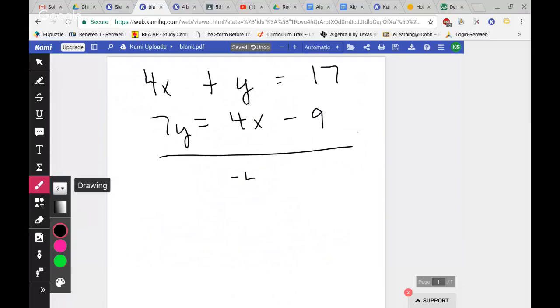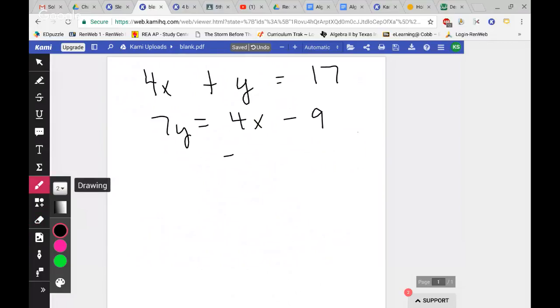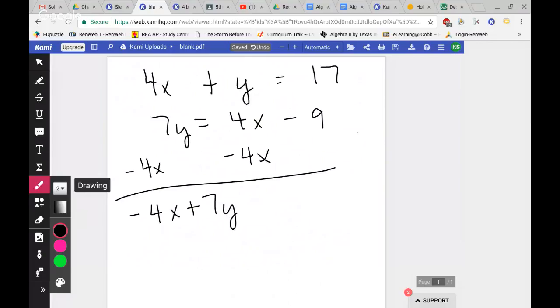So I'm going to do minus 4x minus 4x. Then that's going to be negative 4x plus 7y equals negative 9.